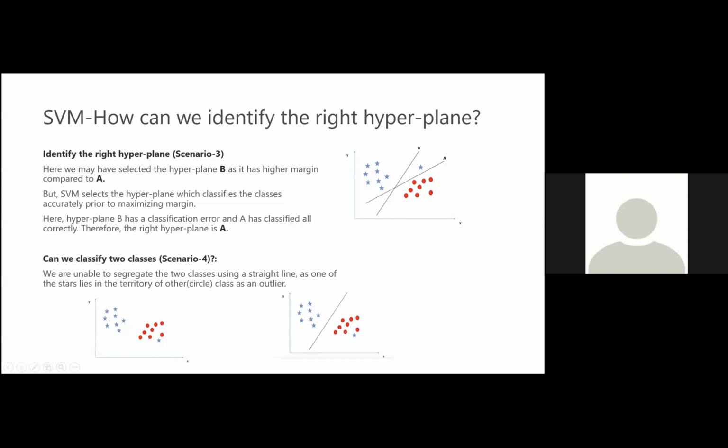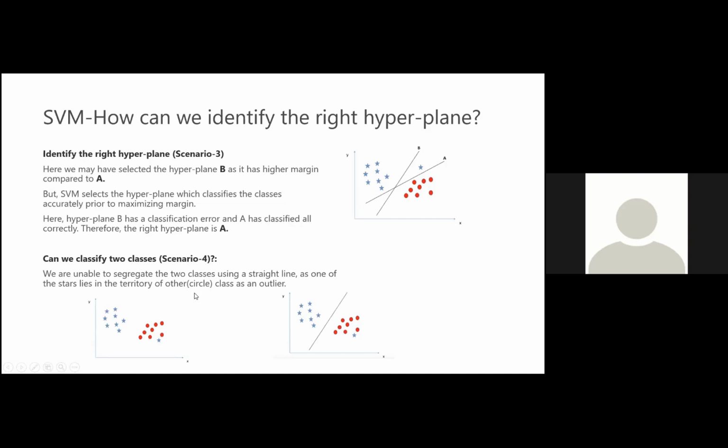So it takes the classification score during the training phase. It calculates the classification score of hyperplane A and hyperplane B, and takes the one with the better classification score. Here, hyperplane A is the better hyperplane, because it divides the two classes with more confidence.